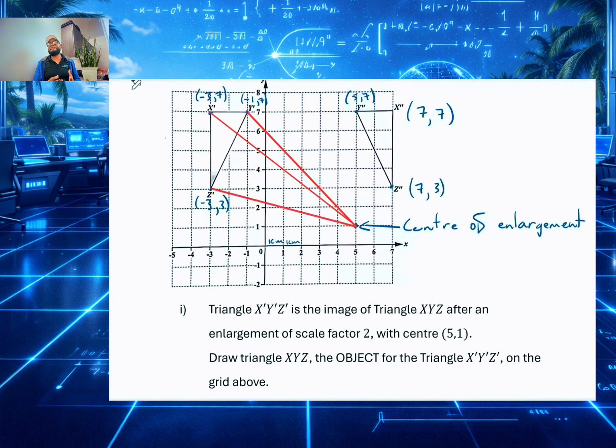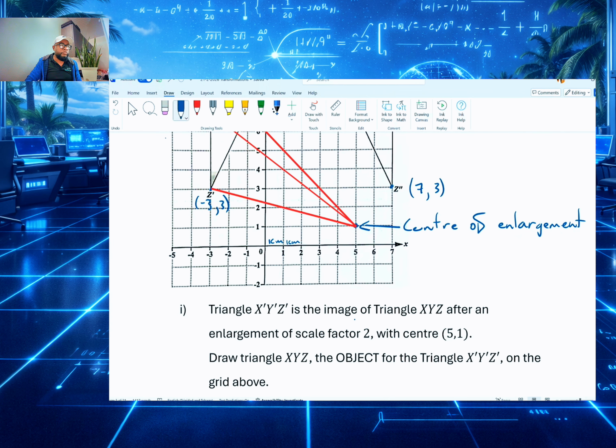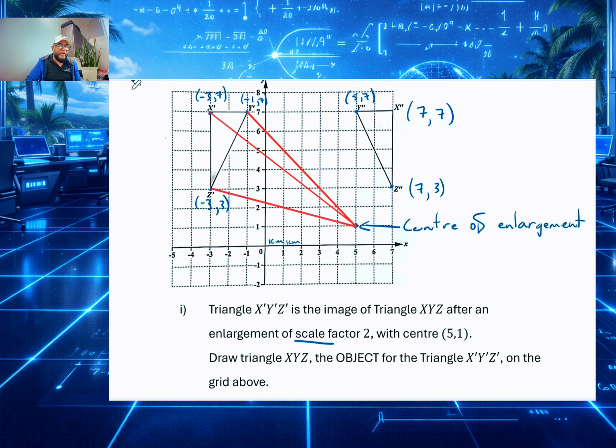Your center of enlargement is like where the beam of enlargement is coming from, right? Now, this is the already enlarged image. So we want to come back to the original image, right? So sorry, this is the image. We want to come back to the object. So look at how it works. They said it was enlarged by a scale factor of 2.